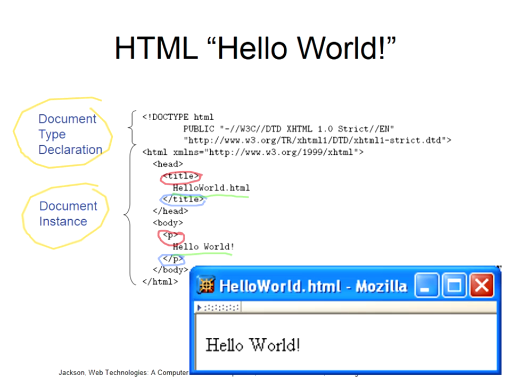So what's the meaning of this example? The first part here represents the declaration, the type declaration, doctype. And after that, this part represents the HTML code, the document instance.